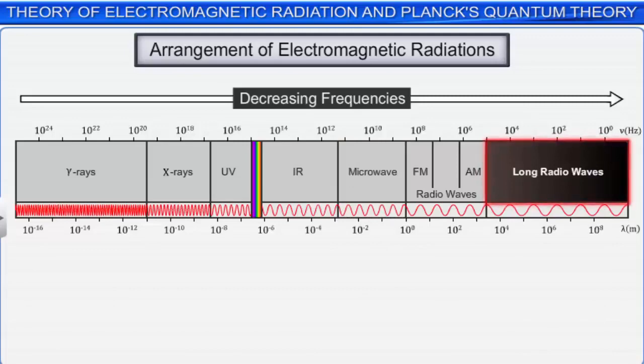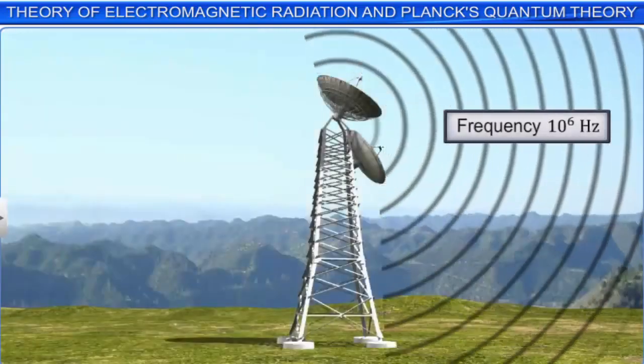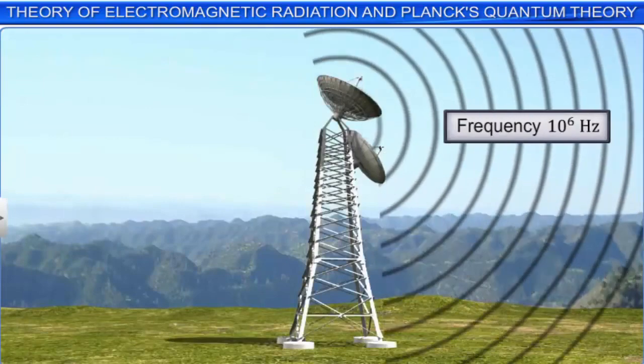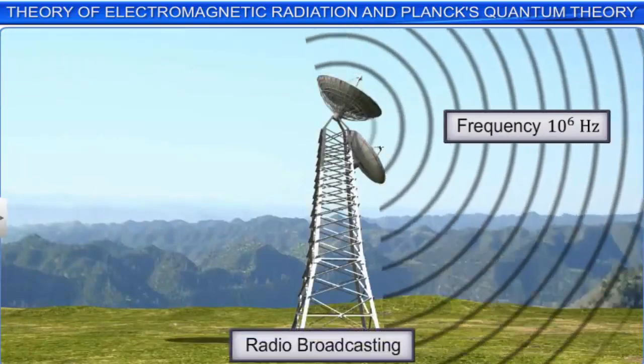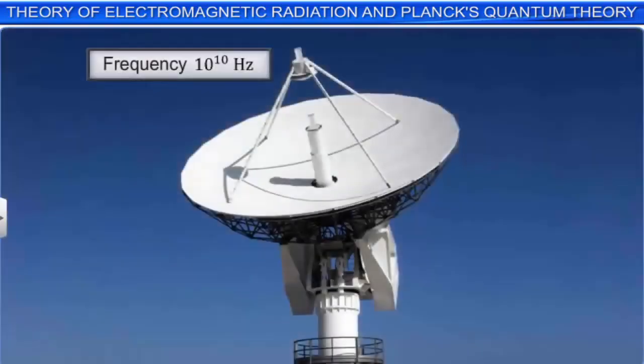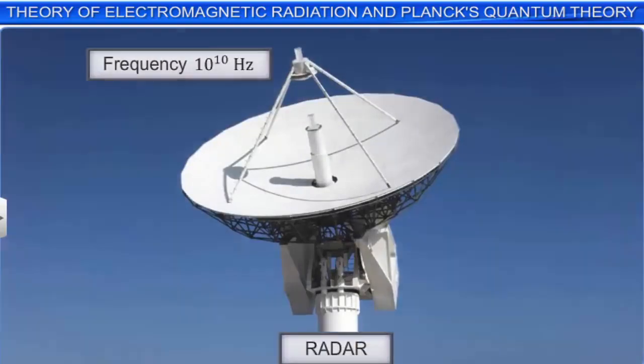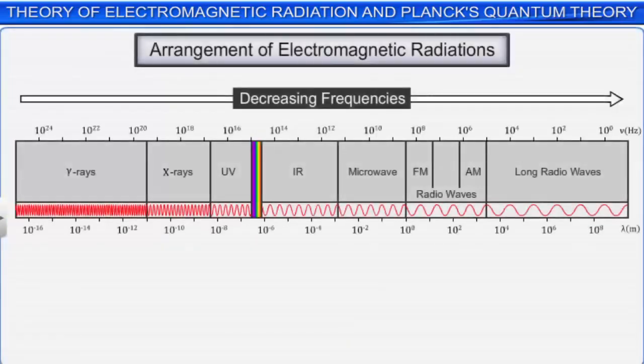The radio frequency region around 10 to the power 6 Hz is used for broadcasting. The microwave region around 10 to the power 10 Hz is used for radar. Two other kinds of electromagnetic waves are X-rays and gamma rays.